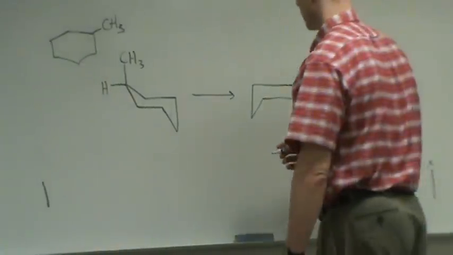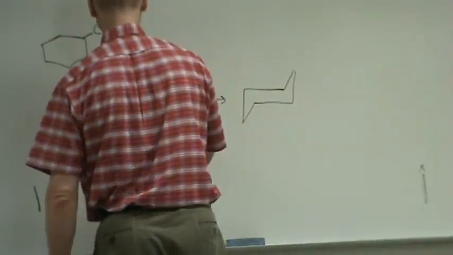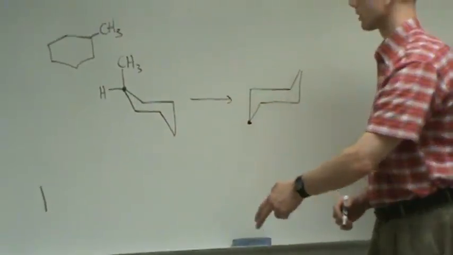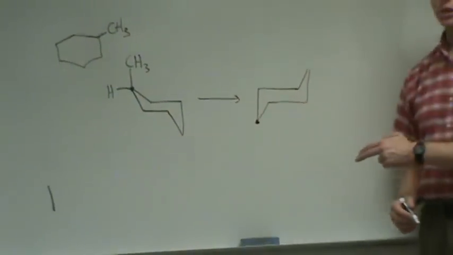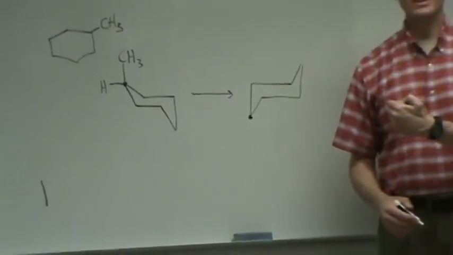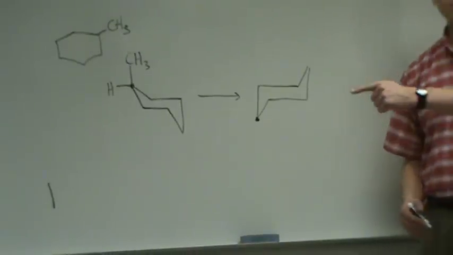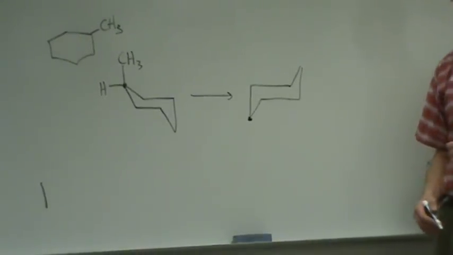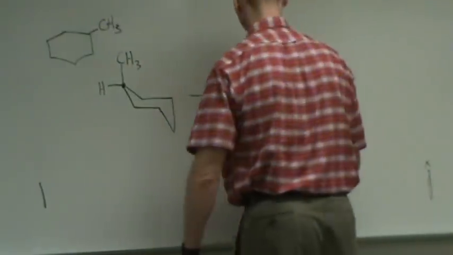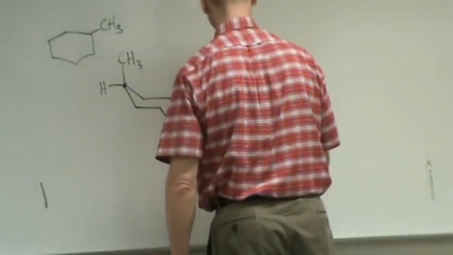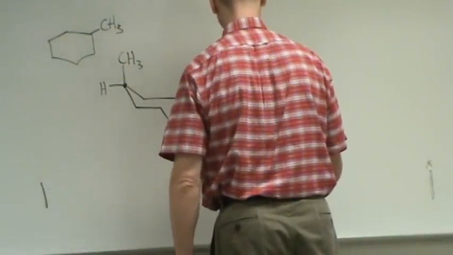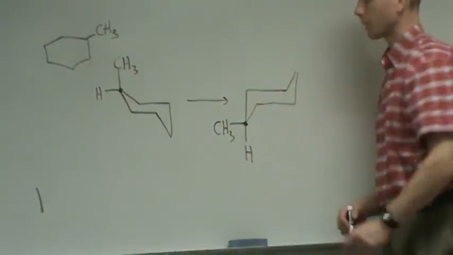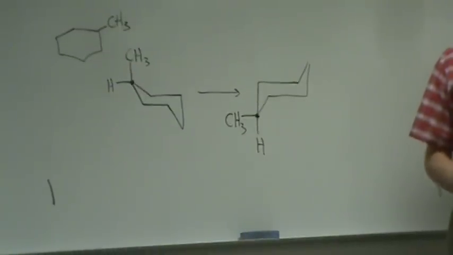Again, it was on this carbon, so it's going to stay on this carbon. This is one of the things students run into trouble with. They sometimes move the group to another carbon. You got to keep track of which carbon it's on. So here it's on that carbon. So now it was axial, but here it comes equatorial.